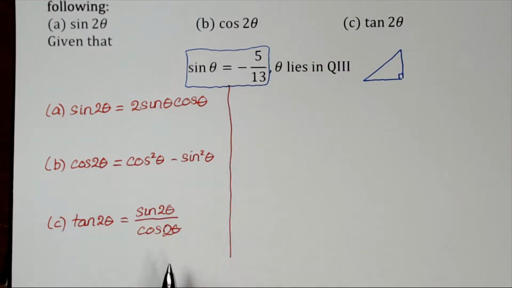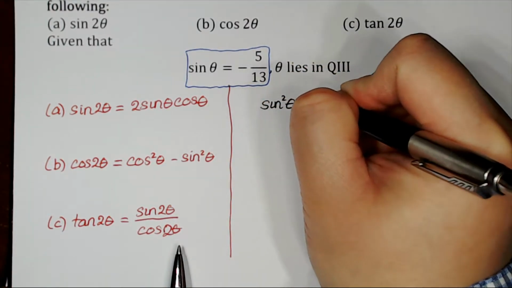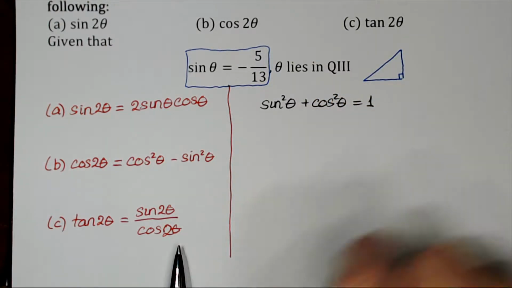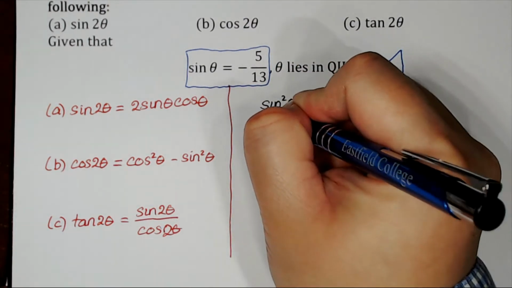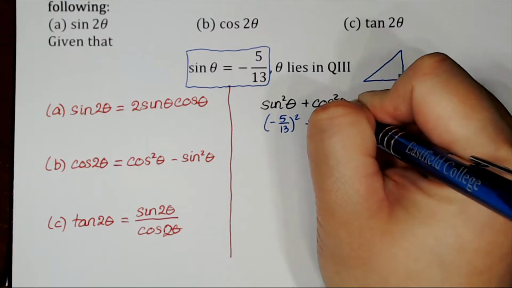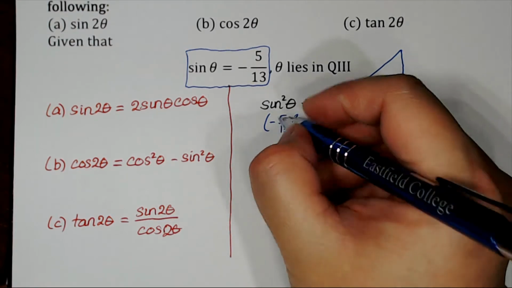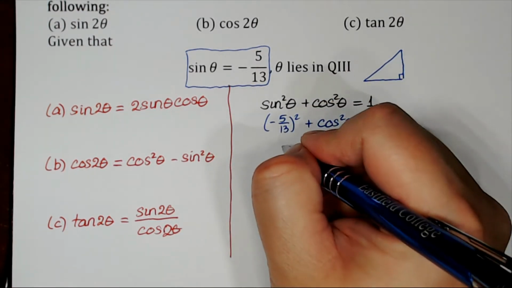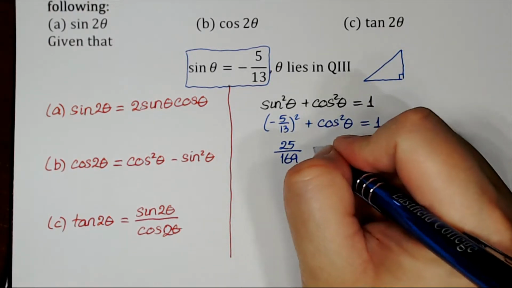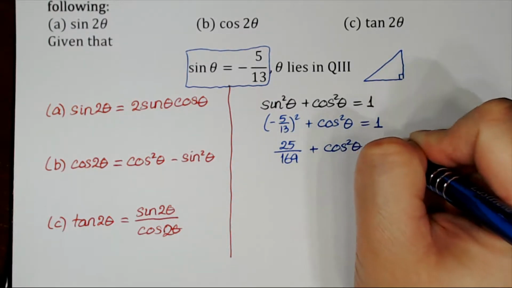We will have sine square plus cosine square is 1. So we have sine square, negative 5 over 13 squared, plus cosine square equal to 1. And that will be 25 over 169 plus cosine square equal to 1.